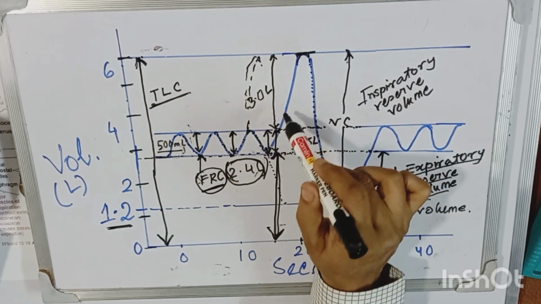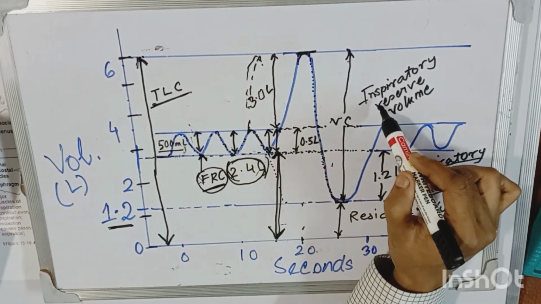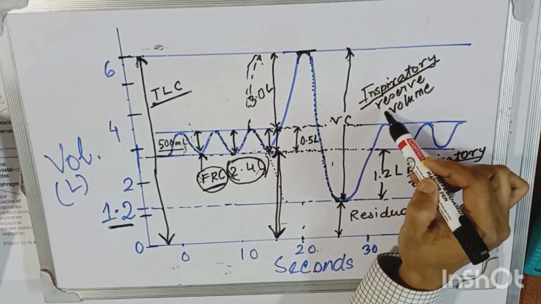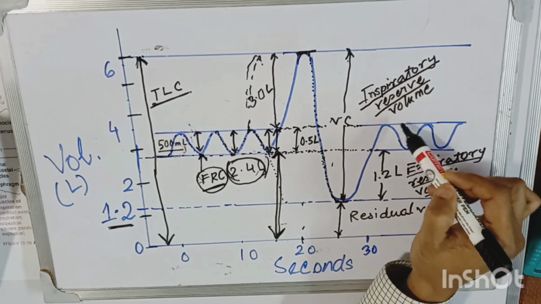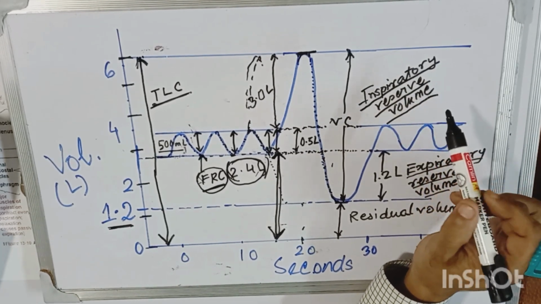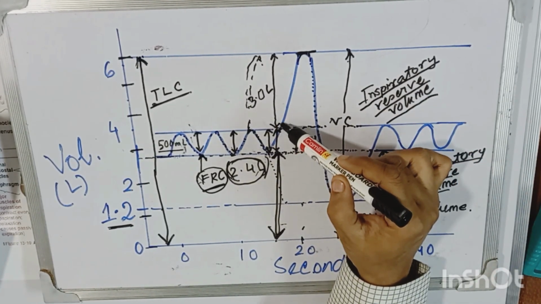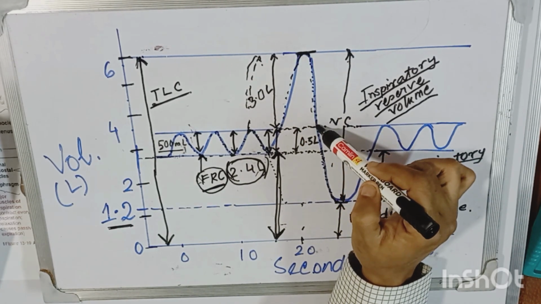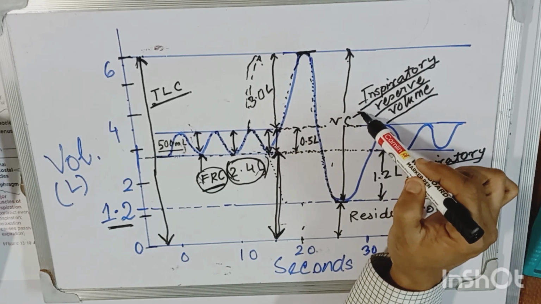We don't do it while we are at rest, but while we exercise or do highly intense work, we need this volume, and then we take in much more air, using the inspiratory reserve volume.